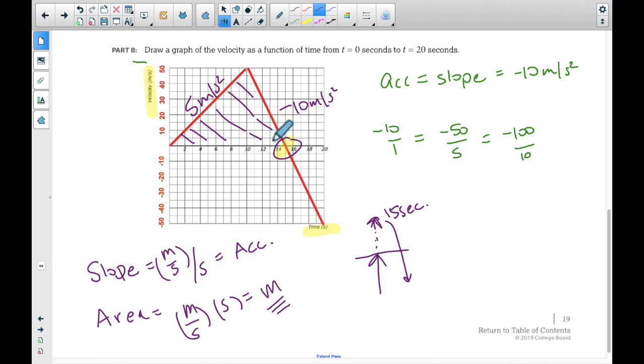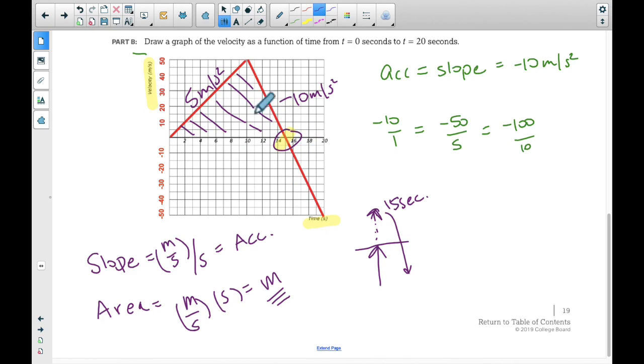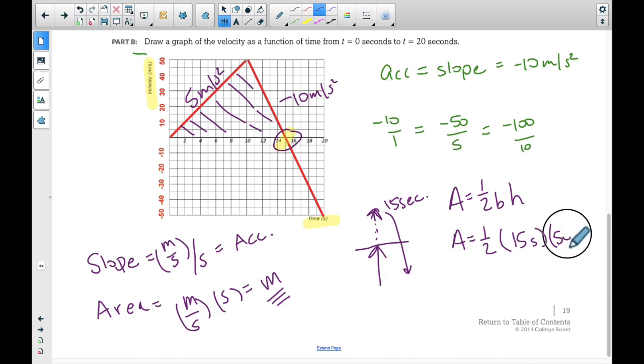But here we need to find the area. So the area of this triangle is 1/2 base times height. So its area is 1/2 times 15 seconds times 50 meters per second. So the max height is 375 meters.